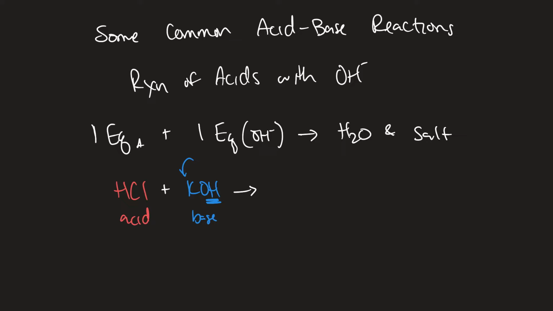What you're going to produce is water, plus you're going to create your salt. Now remember, salt is really just an ionic compound. Here's the cation, the metal potassium, and here's the non-metal chloride. So this is your salt here, and that's your water. This is typical of a reaction of an acid and a hydroxide.